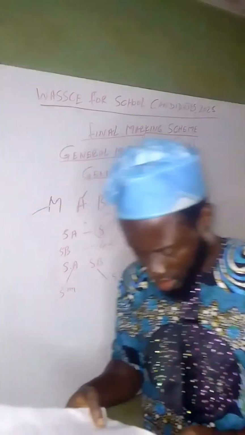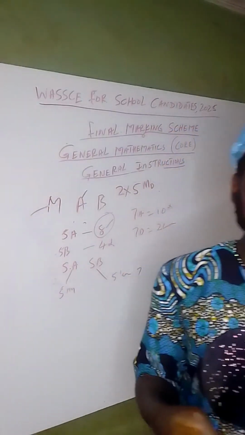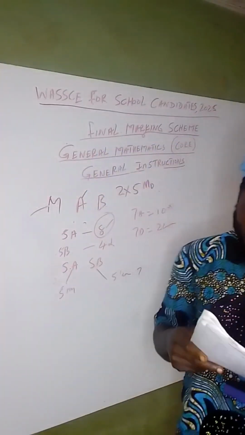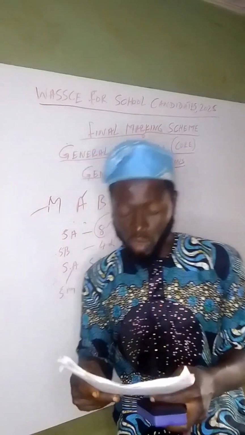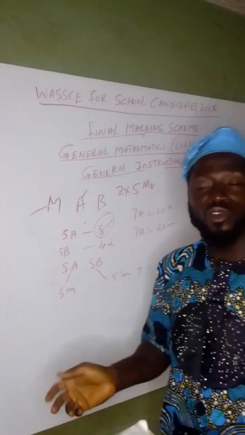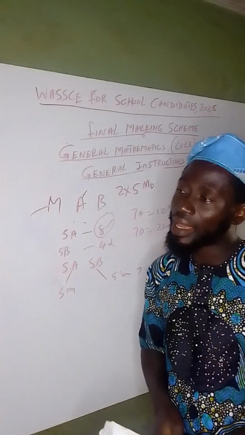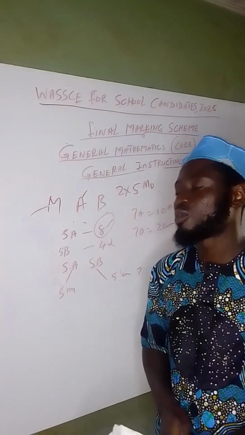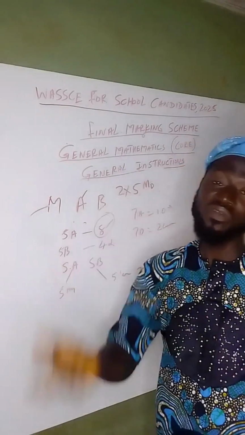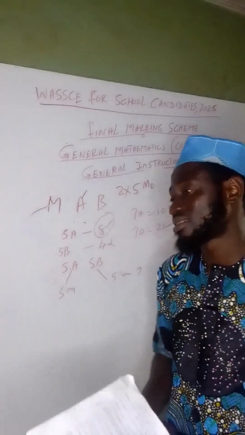Instruction 10. Candidates who fail to draw diagrams for questions that require a diagram must be scored 0. If a question requires a diagram but you refuse to put the diagram there, it is 0. Nobody will mark it. Questions like angle of elevation and depression, bearing and distance require a diagram.